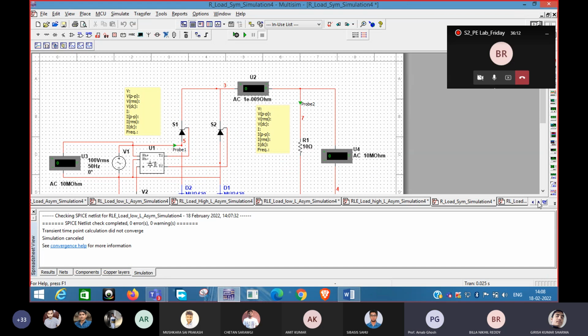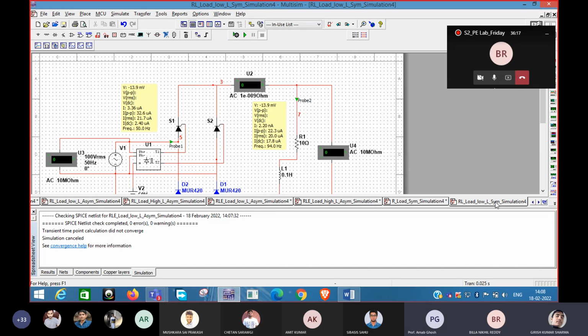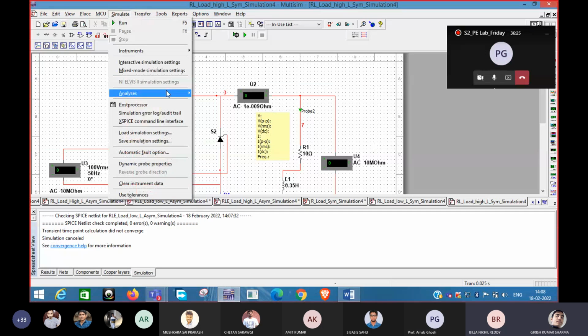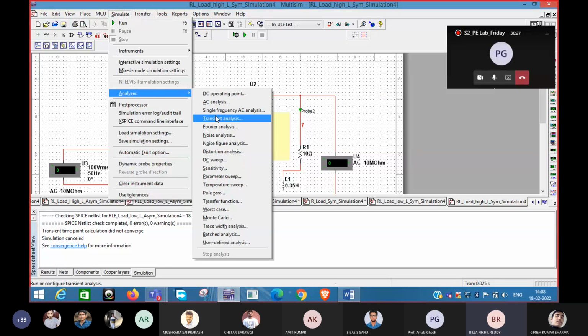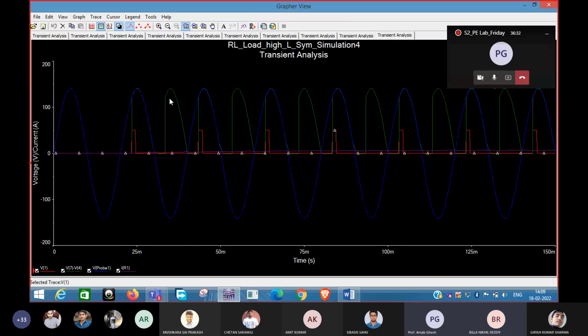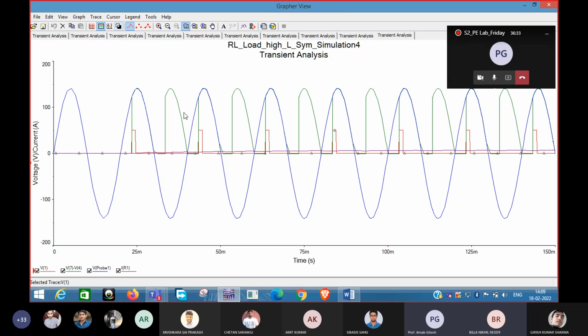But the problem is for a symmetrical load, RL symmetrical load. Sir. Then what is the problem? Just a minute, sir. For a high value of L, it's working. Okay, one mistake is there. So high value, low value, how do you decide actually?